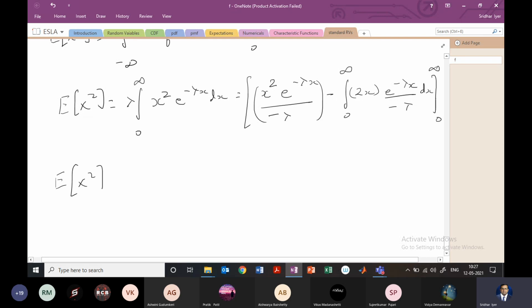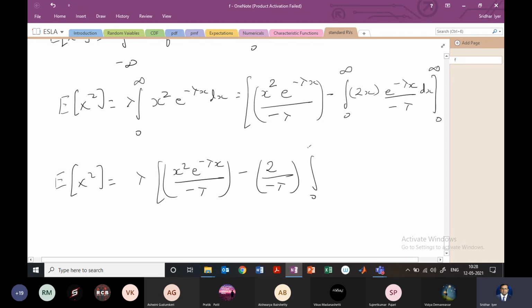And then therefore E of x square will become lambda into x square e raised to minus lambda x by negative lambda. The first term is as it is, minus, I'll get the 2 by negative lambda outside.